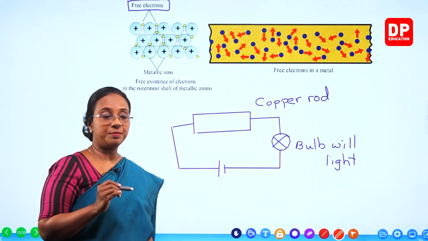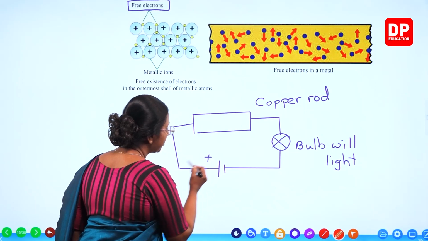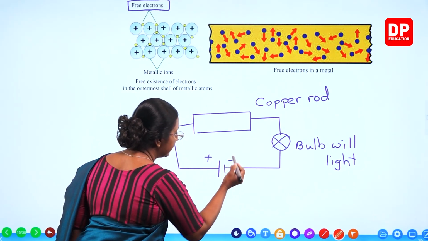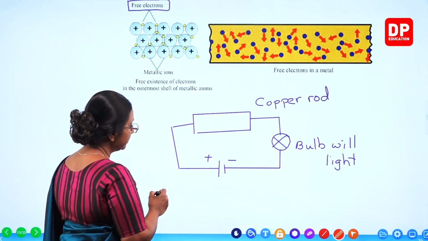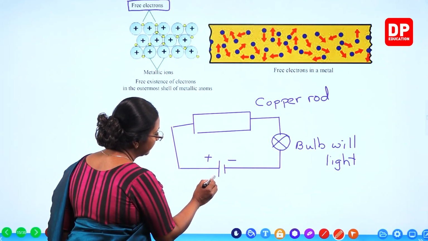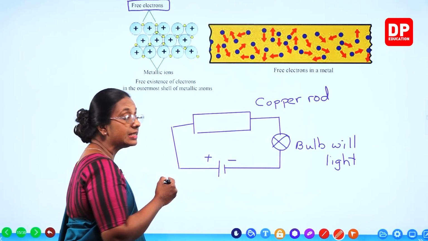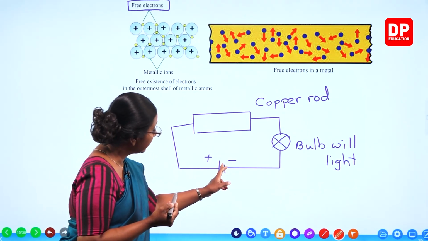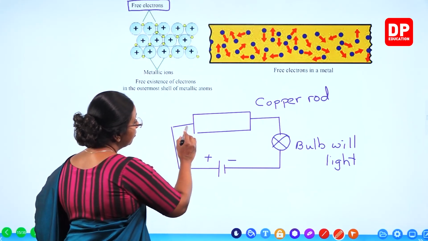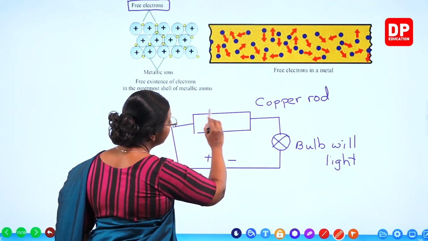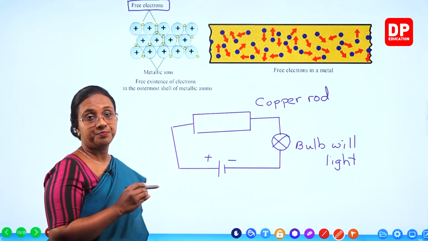Now in this copper rod, this is the positive terminal of the battery, and that is the negative terminal of the battery. When we say positive terminal, that means there are fewer electrons there. The negative terminal has more electrons. Now earlier the electrons were randomly arranged there.